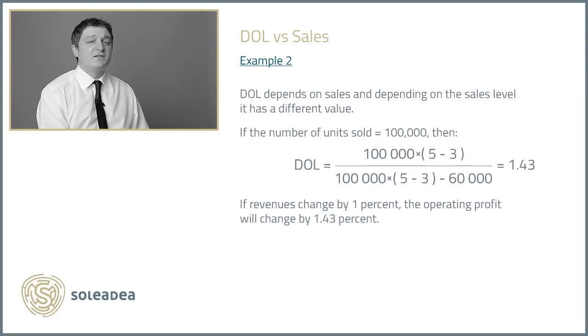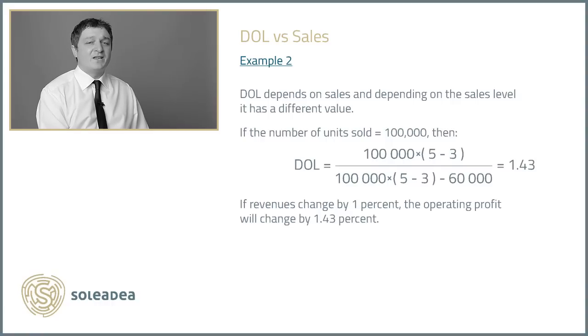As it turns out, DOL depends on sales, and depending on sales level, it has a different value. If we use the data from the last example and calculate DOL for the sales of 100,000 units, we get DOL equals 100,000 times (5 minus 3) divided by 100,000 times (5 minus 3) minus 60,000 and amounts to 1.43.